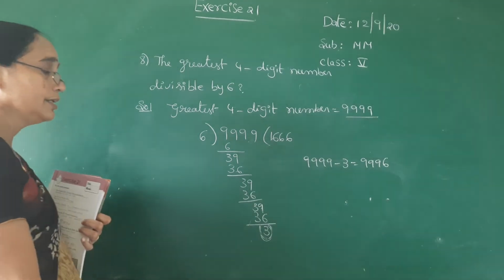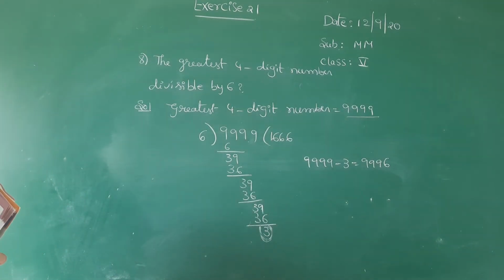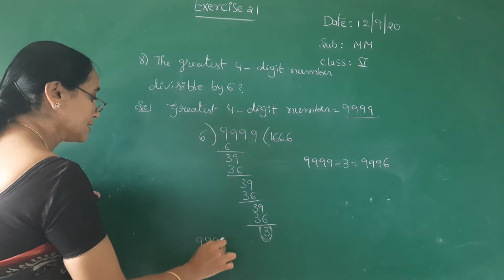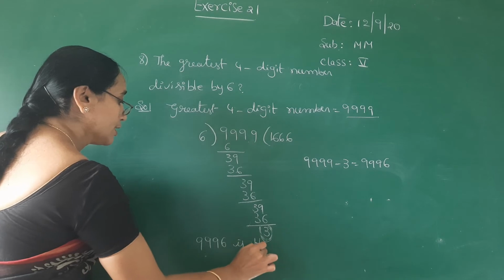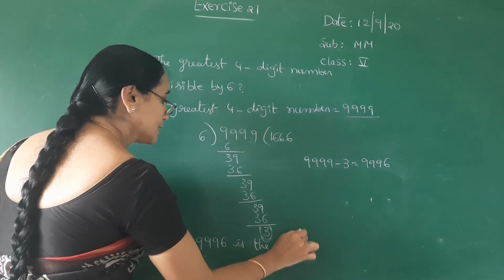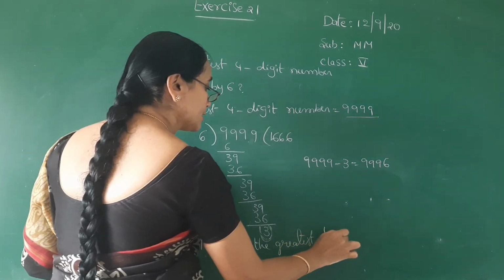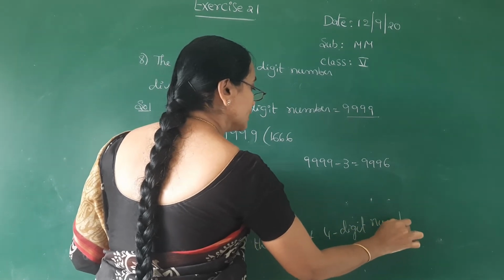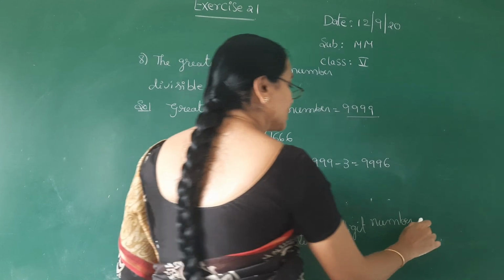That is the number divisible by 6. It is divisible by both 2 and 3. So 9996 is the greatest 4-digit number divisible by 6.